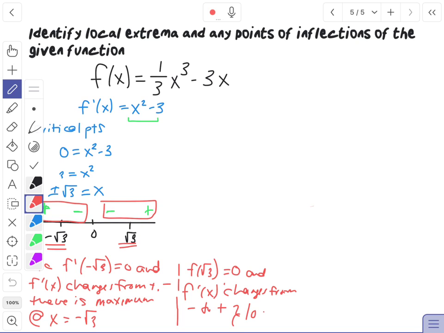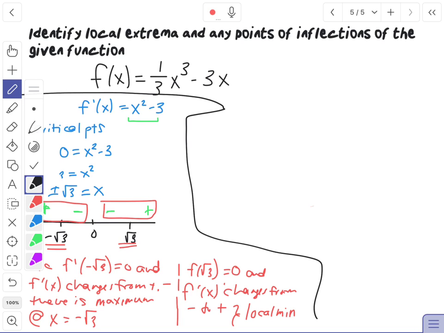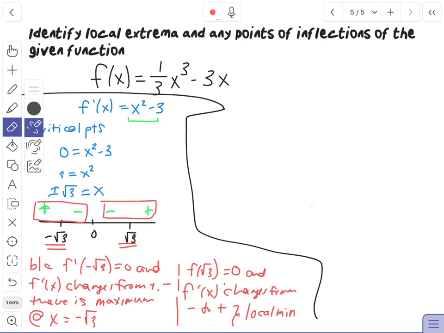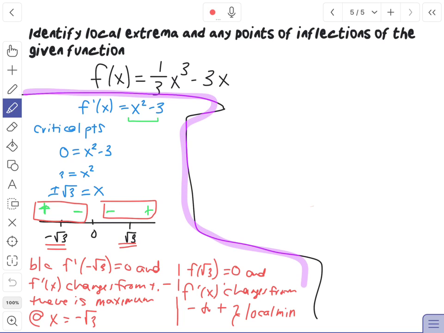There's going to be a local minimum. So we've identified the first part of the question, and we can do that all using the first derivative. So just making sure we know where that is on the work that we did. This part of the work was just helping us identify local extrema.